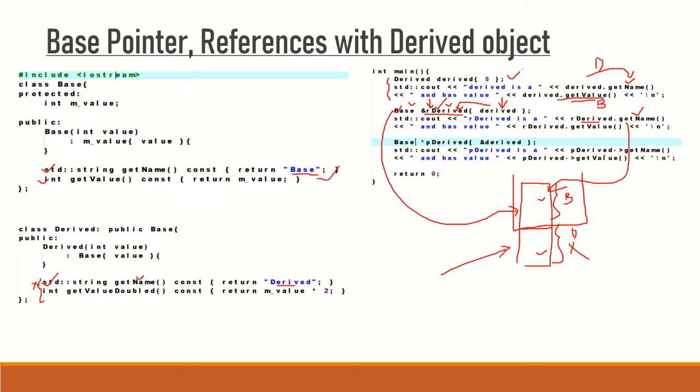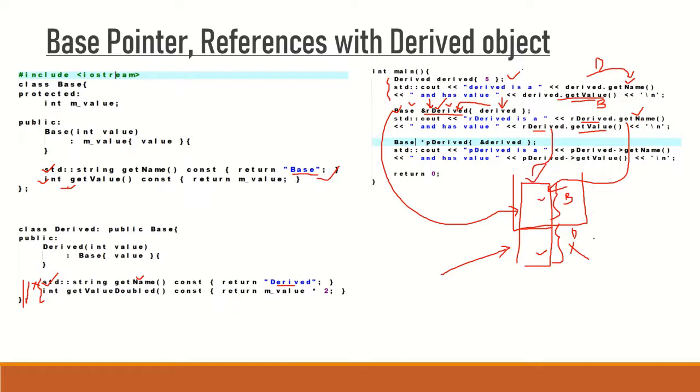At last, we called the getValue method using rDerived. rDerived is the base class reference. So what will happen here? The getValue method, although not defined inside the derived class, is not a concern for the base class reference, which will call its own implementation, because it can only access the base part.